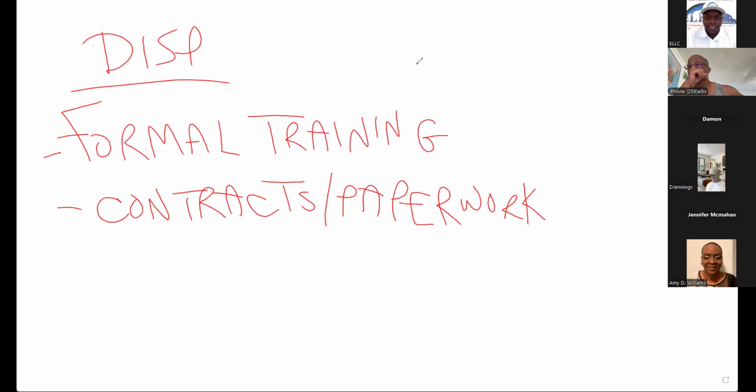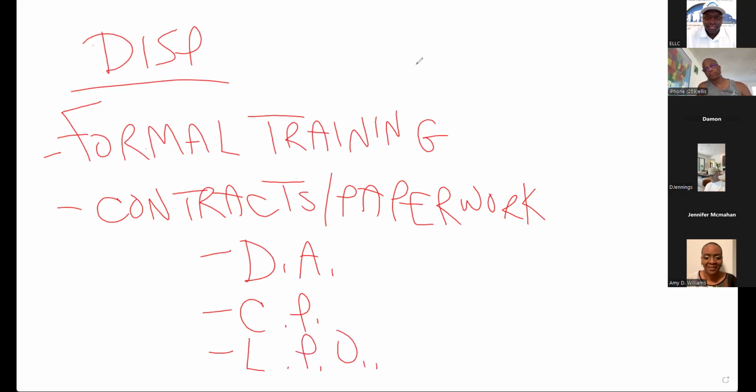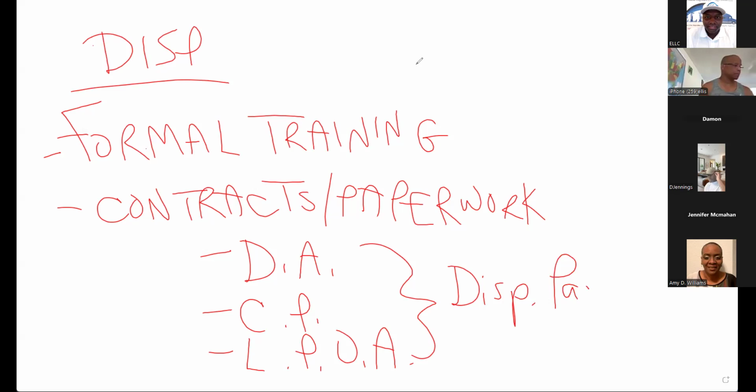We're talking about the dispatch agreement, the carrier profile, and the limited power of attorney, which make up what we call our dispatch packet. Remember those words we use all the time? The dispatch packet makes up the 3 documents.